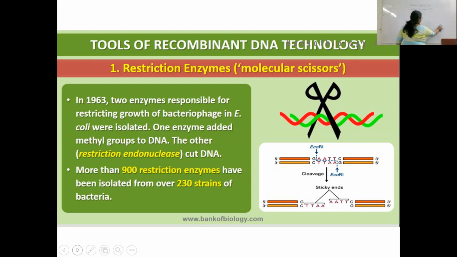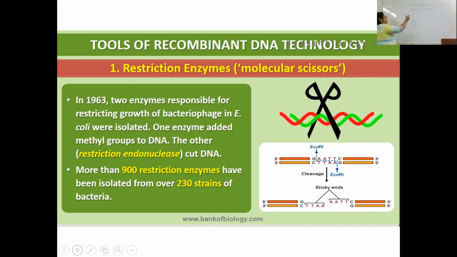two types of ends. Okay, one is staggered end or sticky end. So, what are these? Let us know. For example, consider there is a piece of DNA.